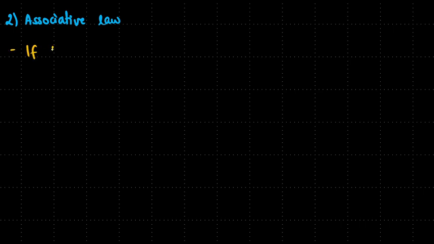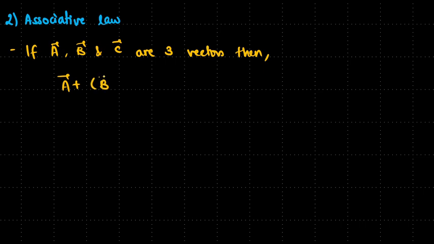If vector A, vector B, and vector C are three vectors, then vector A plus, in brackets, vector B plus vector C, which means I'm adding vector B and C first and then adding the later part, is the same as vector A plus vector B, in brackets, plus vector C. The bracket tells me which part I'm adding first of all, then I'm adding the later part.